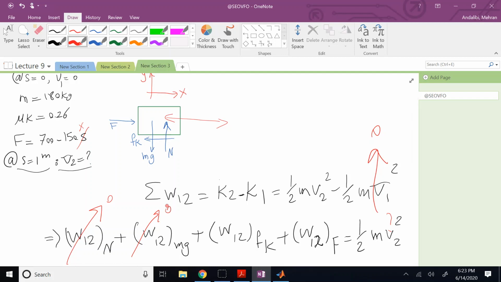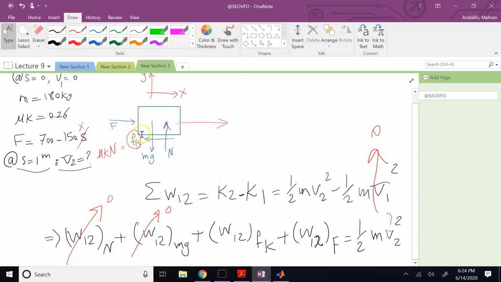Now, what about Fk? Fk, the magnitude of it is what? Mu k times N. And we know that N is equal to mg, so the magnitude of Fk is not going to change as I move forward or backward. The angle between Fk and the forward displacement is also what? Always 180, or cosine of it is -1. So the angle between this force and displacement does not change.